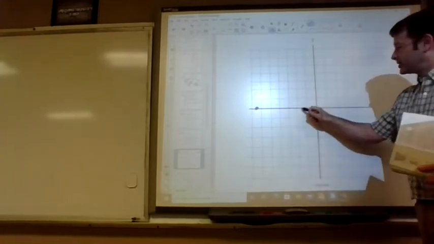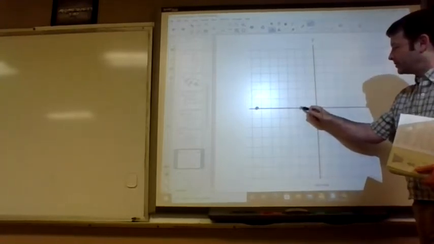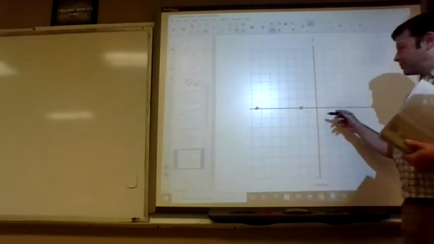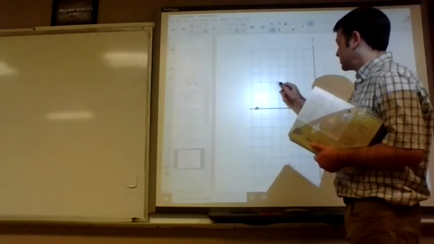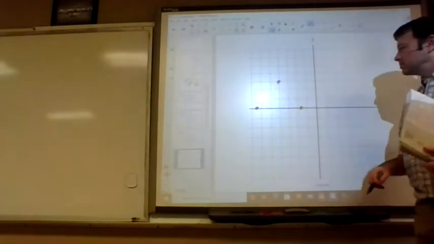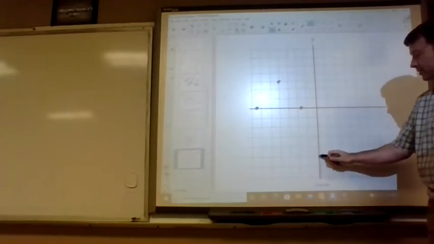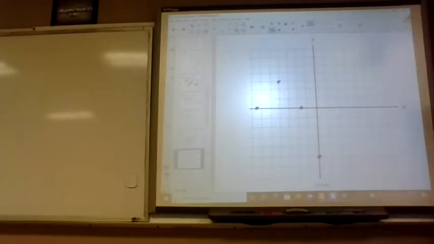Okay, a little past negative 1.5. Right there. And the vertex, I forgot again, was negative 4, 3. So that's right there. And the y-intercept was 0, negative 5, which is right there. That's a pretty good outline. You can kind of see what's going on there.